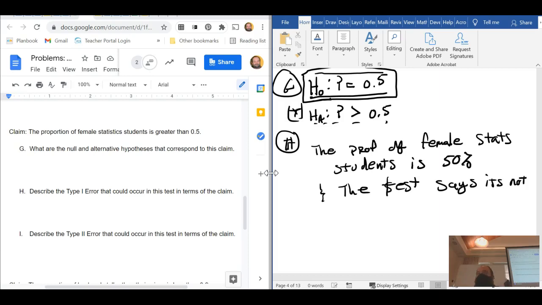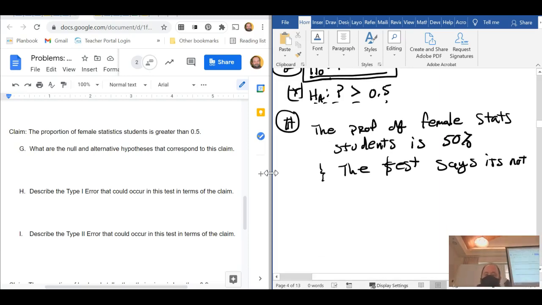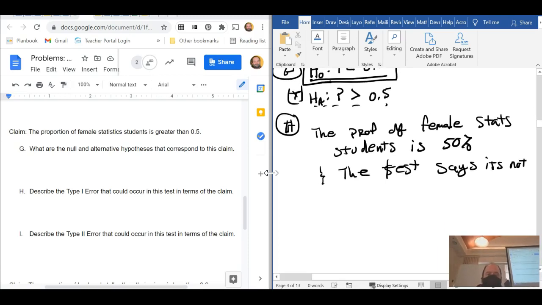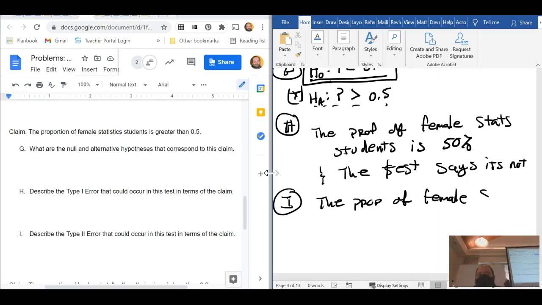That would be the type 1 error. So you ignore the claim and the alternate hypothesis; you just work off the null hypothesis. The type 2 error, or H1, is that the proportion of female stat students is not 50%, and the test says it is.